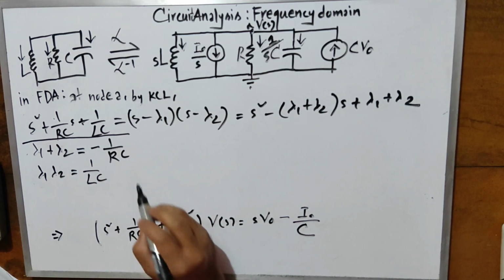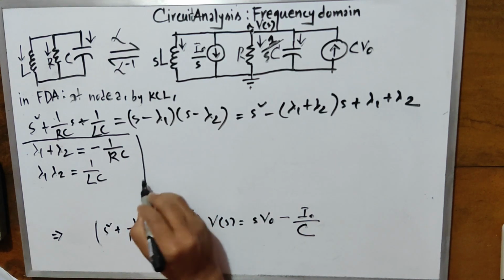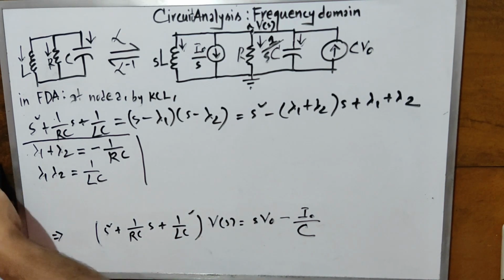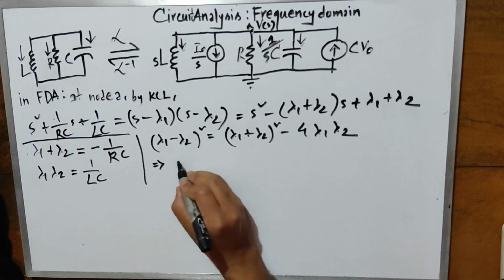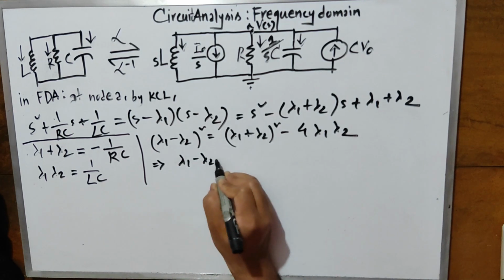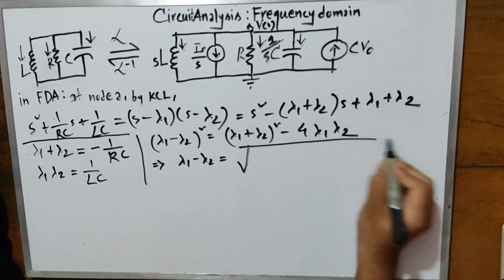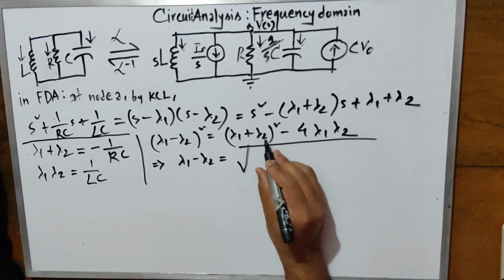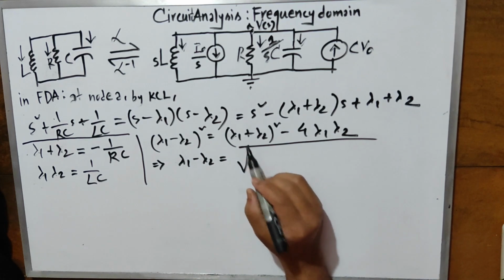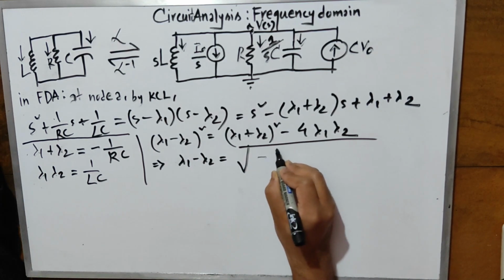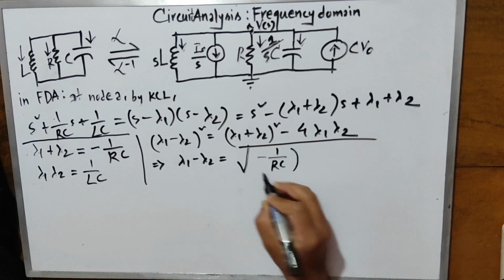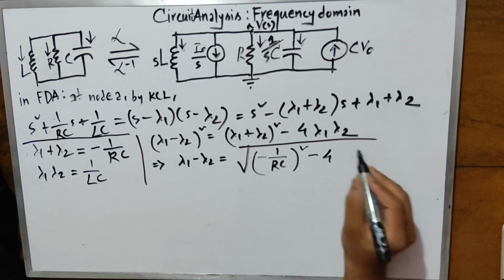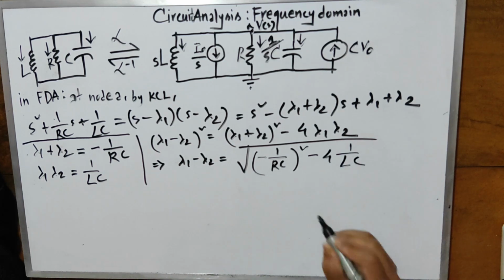To get the individual lambda 1 and lambda 2, let me write the formula. Lambda 1 minus lambda 2 is the root of lambda 1 plus lambda 2 whole square, where lambda 1 plus lambda 2 is minus 1 by RC, whole square, minus 4 times lambda 1 lambda 2, which is 1 by LC.